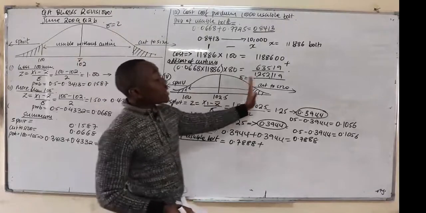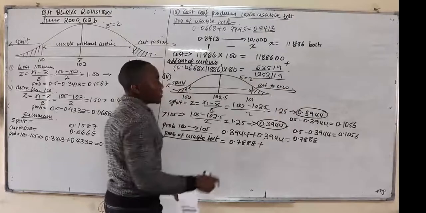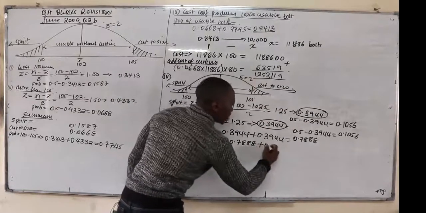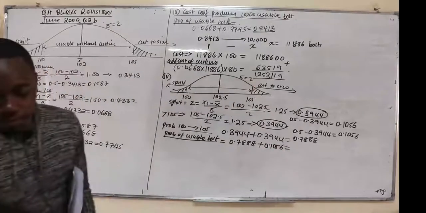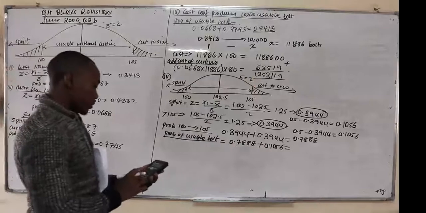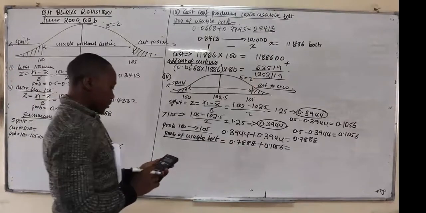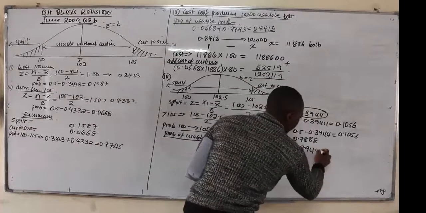Then those deemed to be cut to size are also usable, but subject to cutting. So you add the probability of those being cut to size, 0.1056. We have 0.8944.